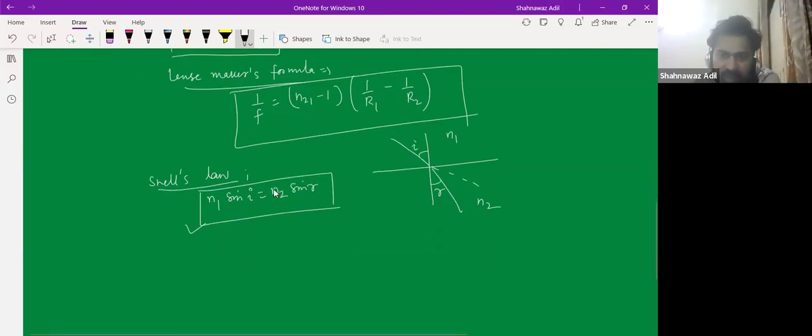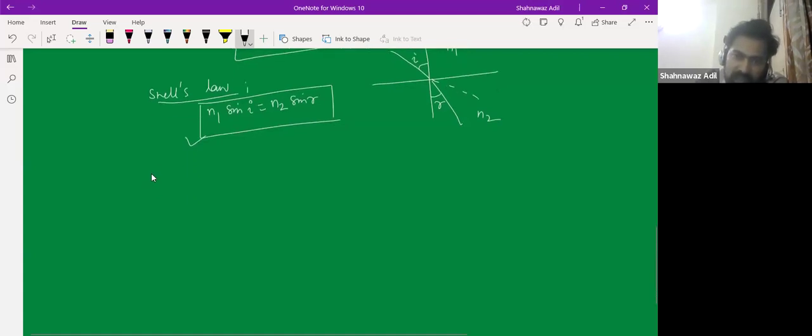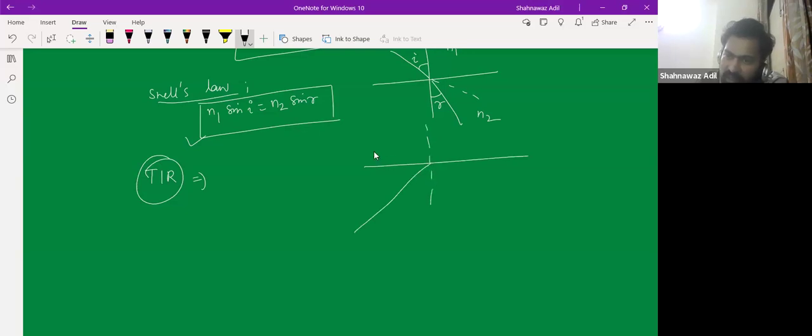And what else have we learned in ray optics? We have learned TIR. For TIR, what was the case? At the critical angle, let's say this is the denser medium with refractive index N, and this is air, so this is 1.